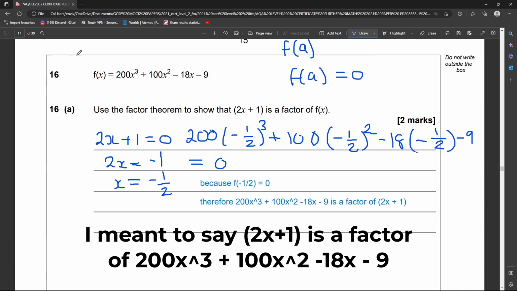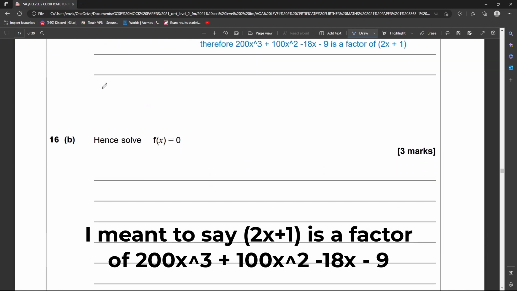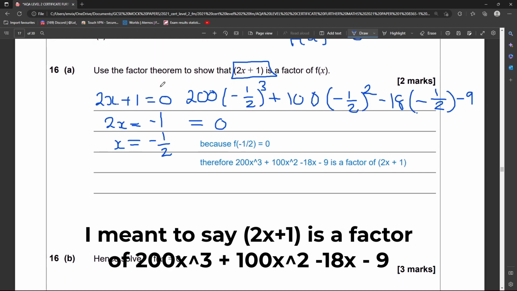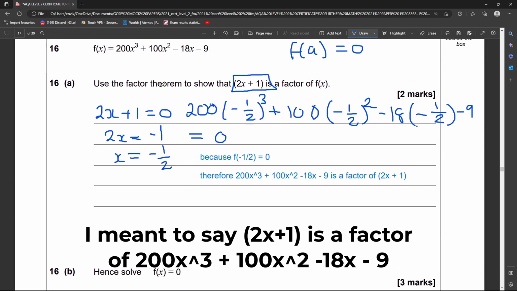And with these questions, there's usually a part B, and the part B requires you to solve this equation given or even if it's not given the factor of this equation. And there are multiple ways of doing this.